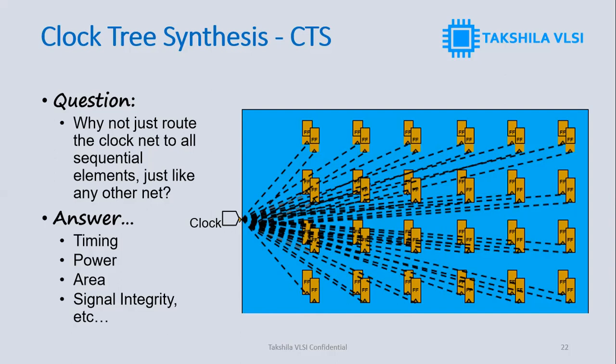So clock is associated to one of the ports, and from that port, clock is given to all the clock pins of the sequential elements. As you can see, clock is given to one of the ports and it is distributed, in the form of a tree, and it is connected to all the sink pins of your sequential elements.